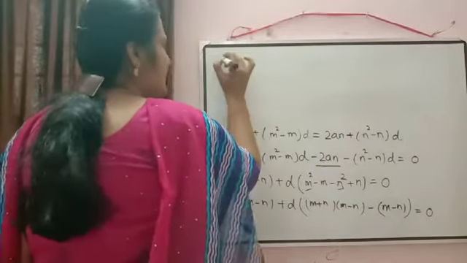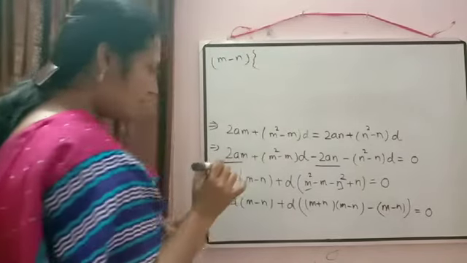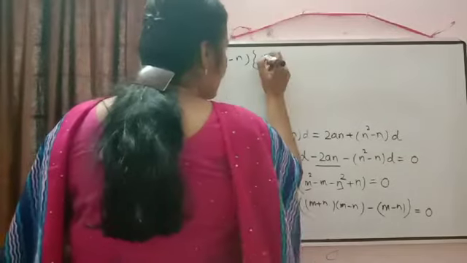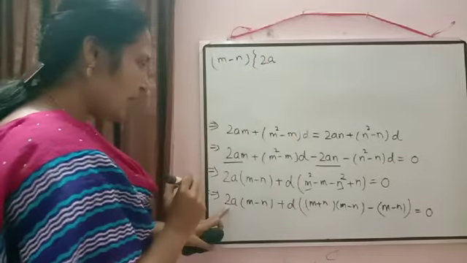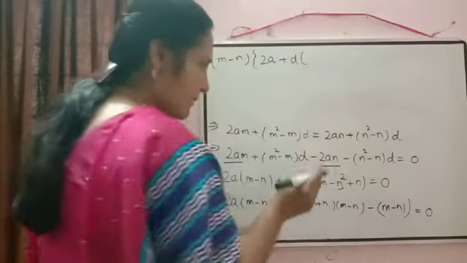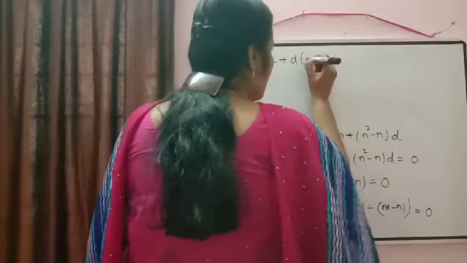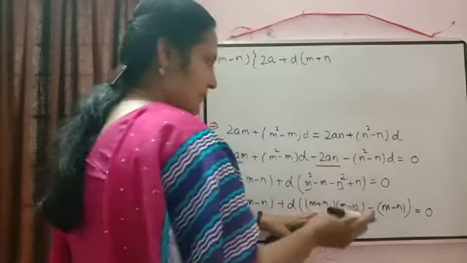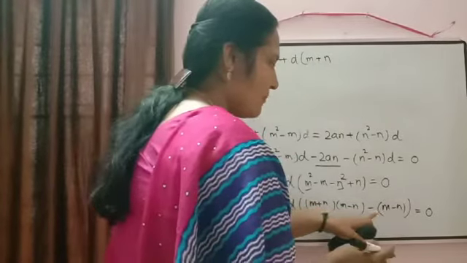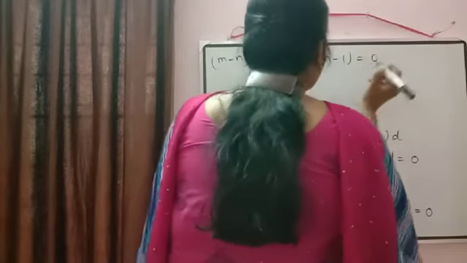So take it outside. m minus n taken outside. Now inside the bracket what will remain? In the first term only 2a will remain, plus d into, in the next term m minus n taken common, so the remaining is m plus n. Now from here m minus n is taken common, this minus sign is there, so minus 1, equal to 0.